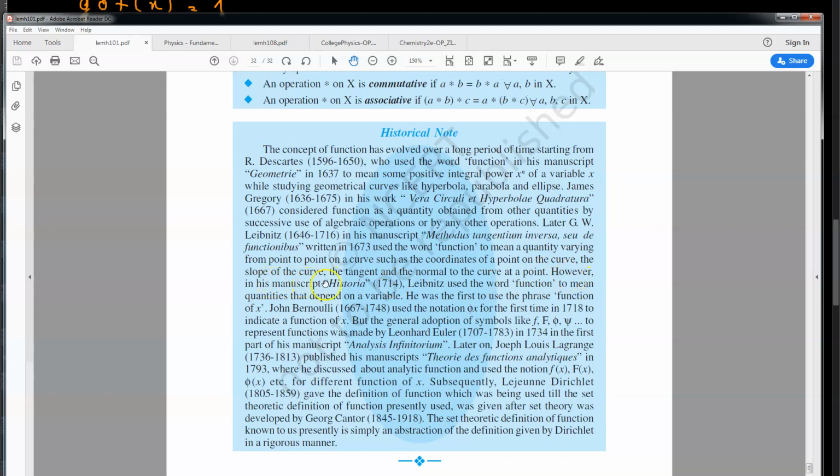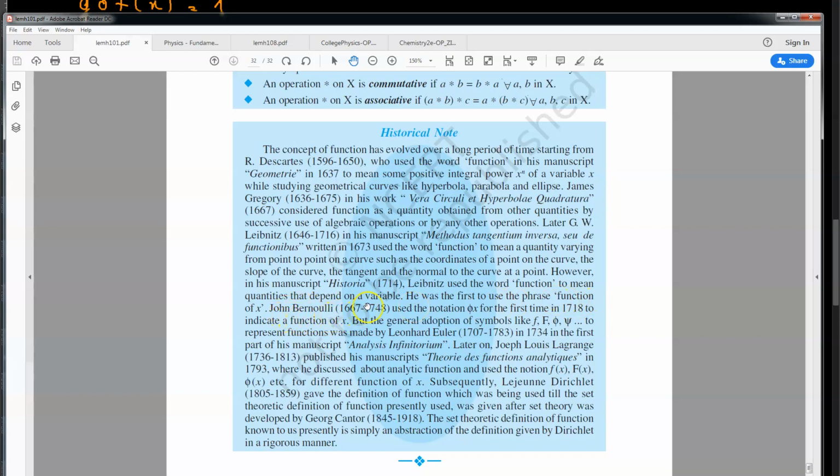However, in his manuscript Historia 1714, Leibniz used the word function to mean quantities that depend on a variable. He was the first to use the phrase function of x.